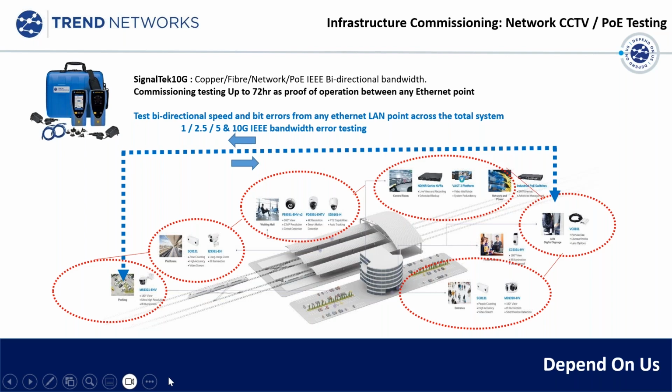The important thing is this works with the IT management team for the performance metrics they're using. We can add this device after the installation is in place and do a commission test where we can run a test from one point to the other for 20 minutes, 1 hour, up to 72 hours as proof of reliability across that link.